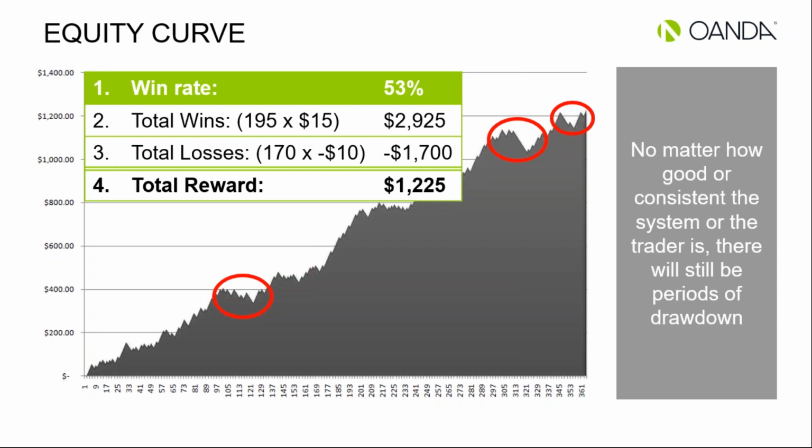No matter how good or consistent your system is, or how good or consistent you are, you are going to experience periods of drawdowns. On those charts we've marked out the areas where the equity curve has not grown. Generally that's where you've got consecutive losses, that 10 losing streak, up there at the top.